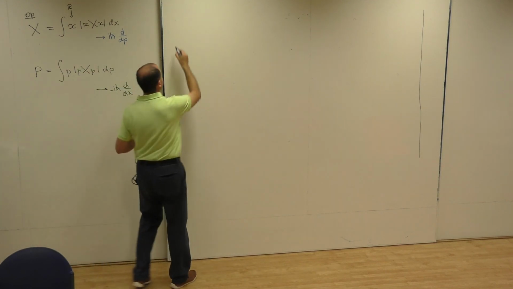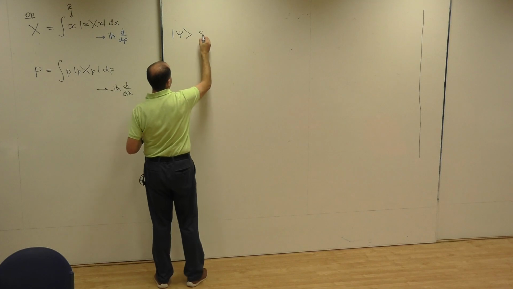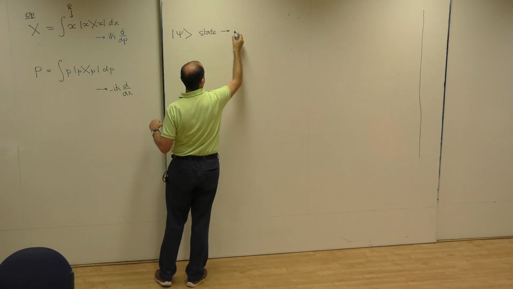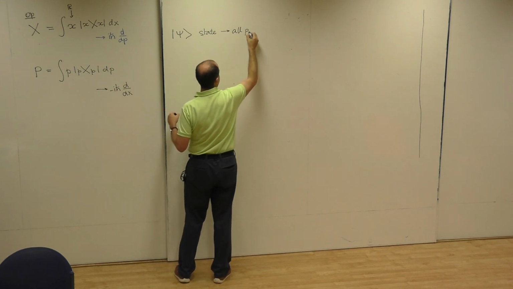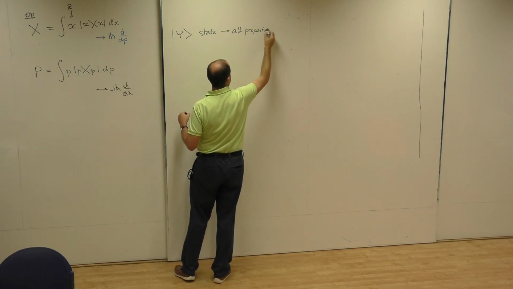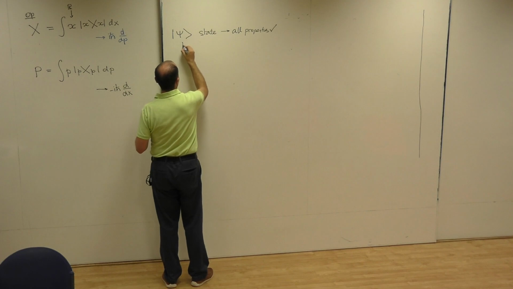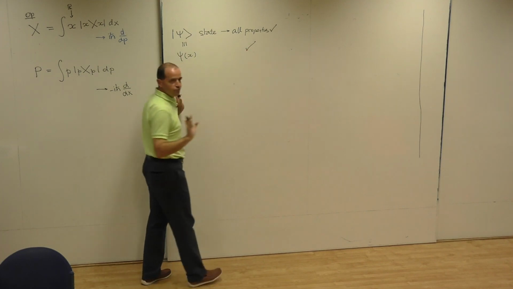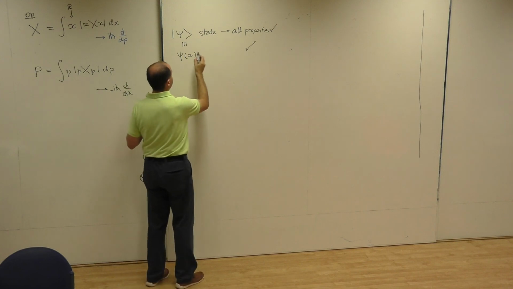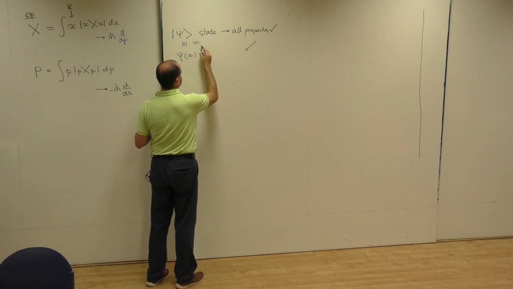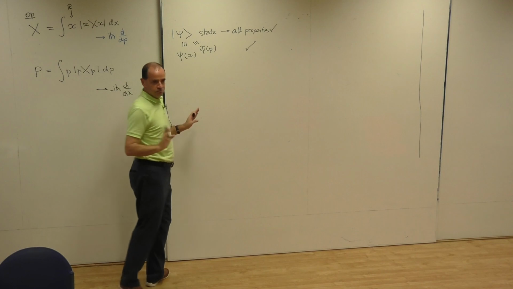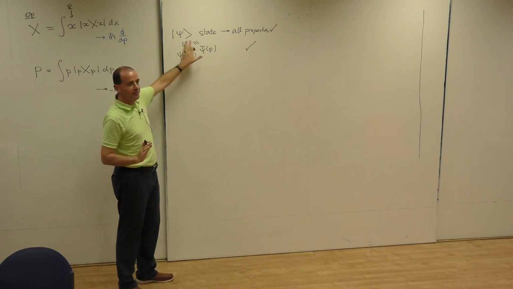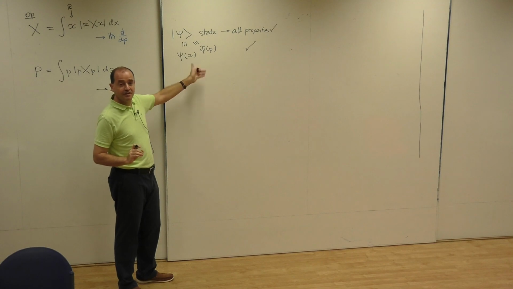This is the state, so I know everything I can know, all properties. This is equivalent to giving the wave function, and also equivalent to giving the wave function in momentum. So these three pieces of information are the same, and they identify the state.